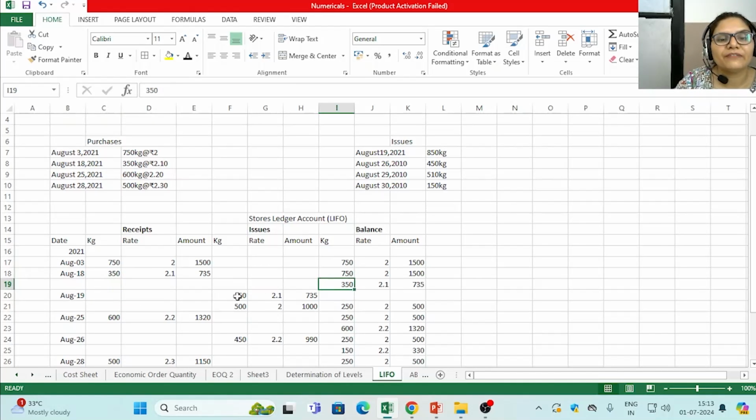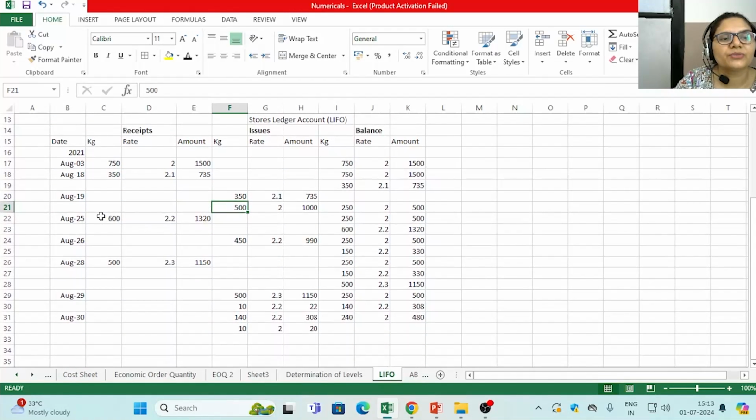So first of all, I will issue these purchases. Then I will issue the remaining purchases, which I will take out from 750 units, 500. So total of 850 are issued. 350 I have taken from August 18 purchases and remaining 500 I have taken from August 3 purchases.